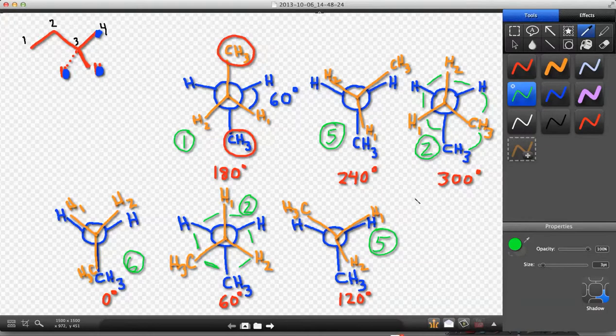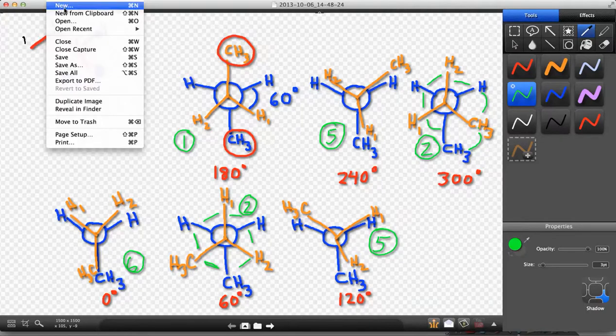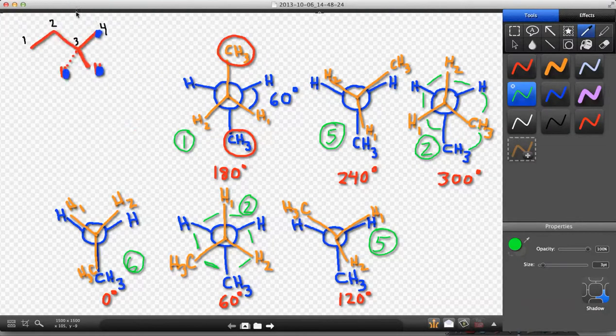What this allows us to do now is to draw a relative scale potential energy diagram of these rotational or conformational isomers, which will be the last thing that you'll want to be able to do.